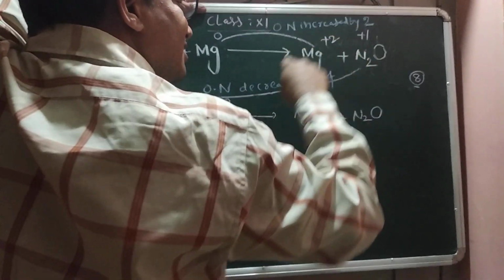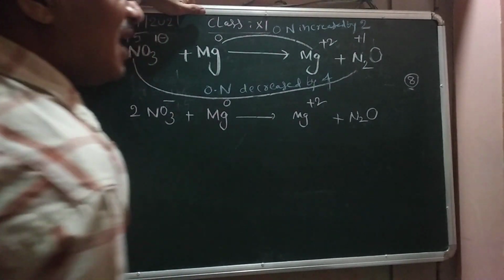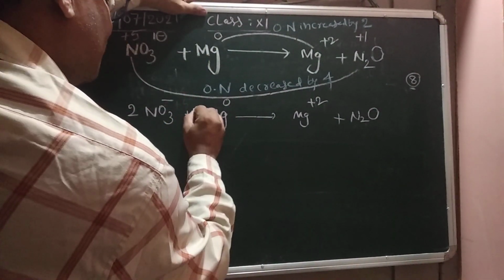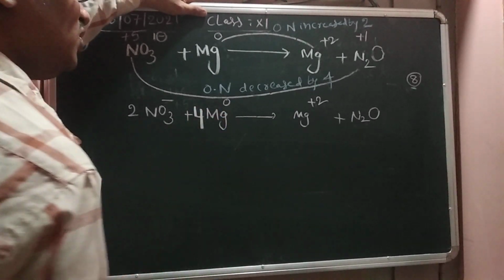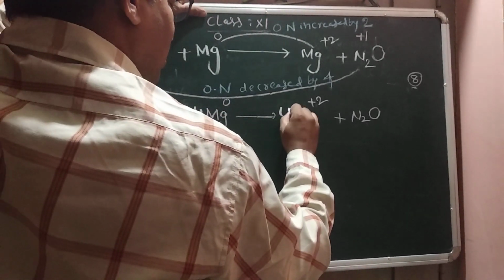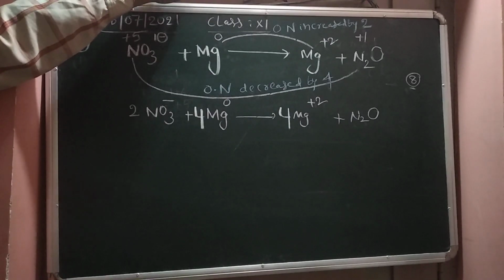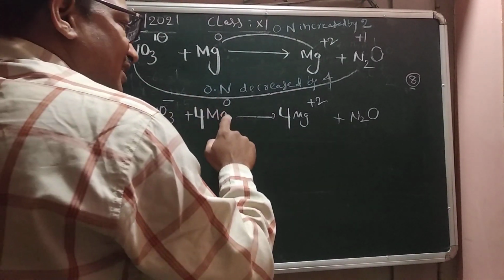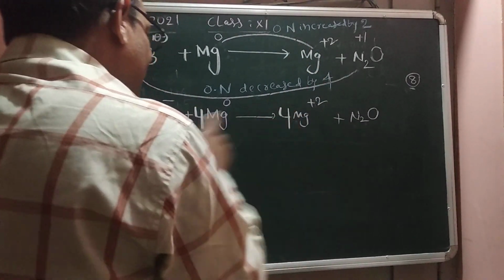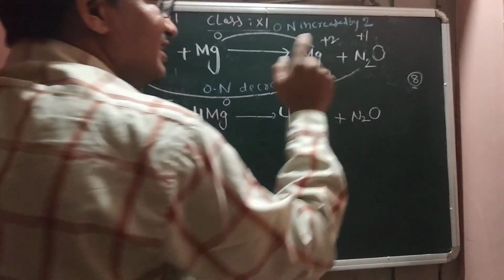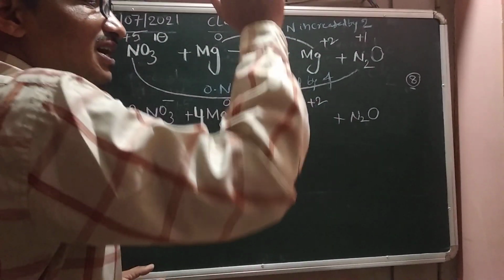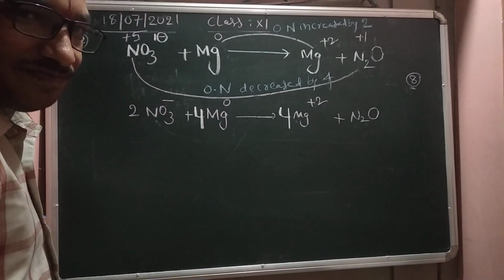The total oxidation number increased and decreased should be balanced. So now I will multiply the magnesium by 4: 4 Mg 0 to 4 Mg plus 2. And then you see here the increase in oxidation number is total 8 and the decrease is 8. So the increase and decrease in oxidation number is balanced.